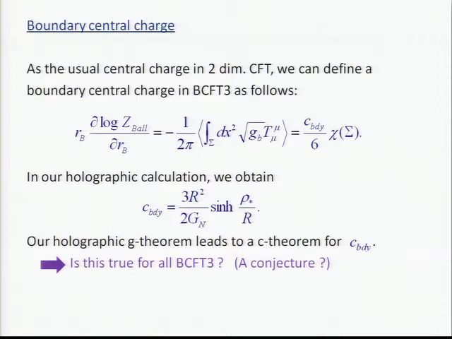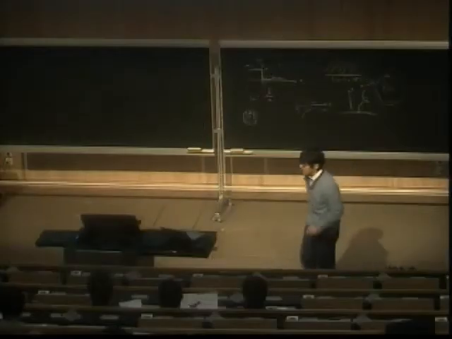So if we have a boundary, R_B is just this radius. We pick this region in the 3-dimensional conformal field theory, and we are talking about the holographic dual of this ball with radius R_B. We take the derivative with respect to R_B of the log of the partition function, and this should be related to some trace anomaly.